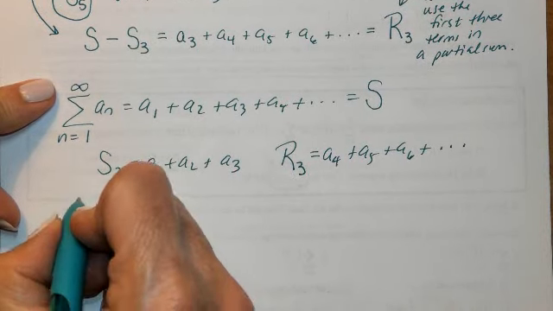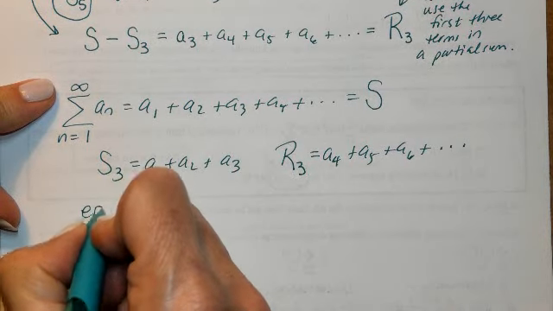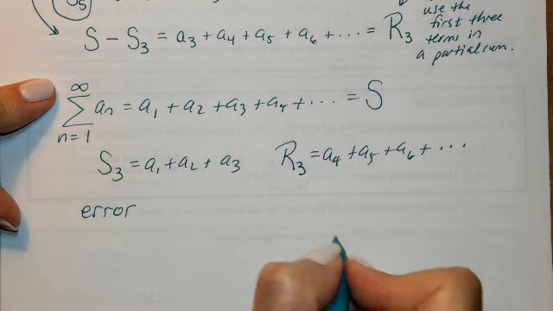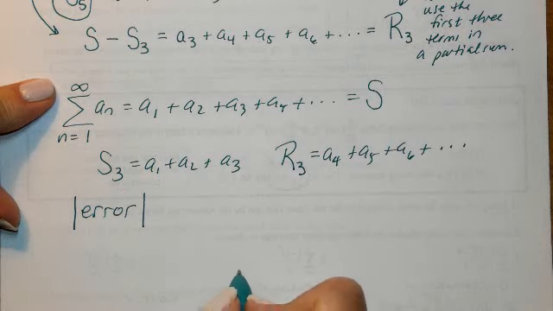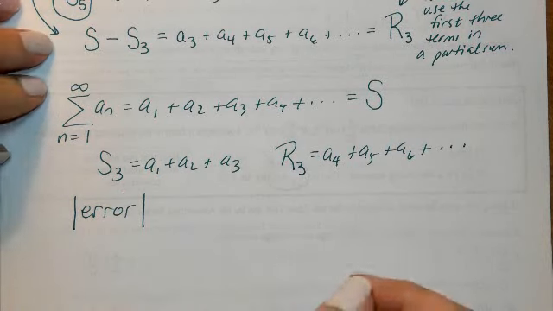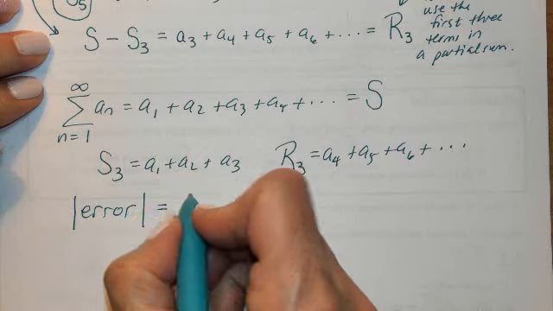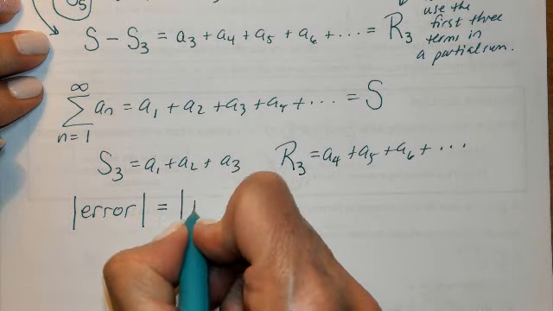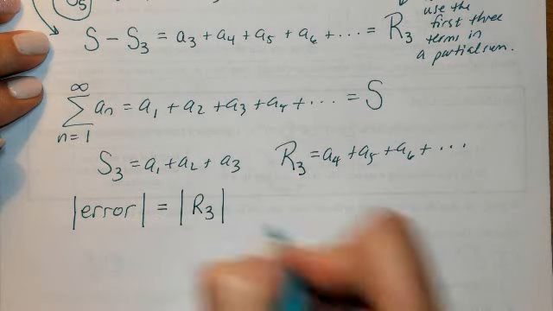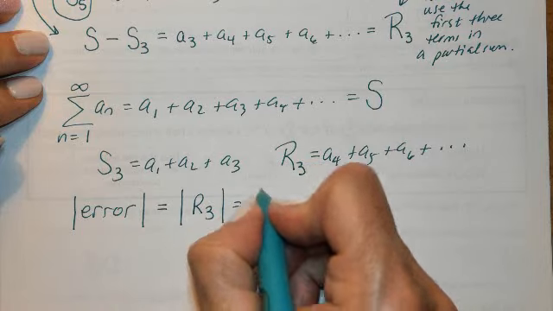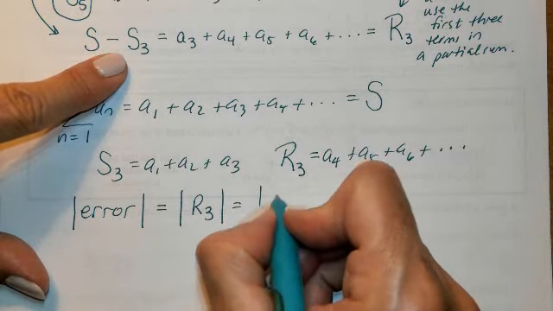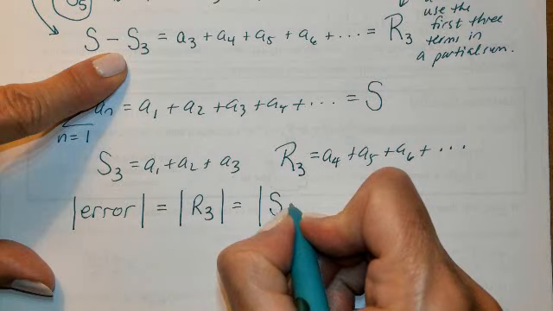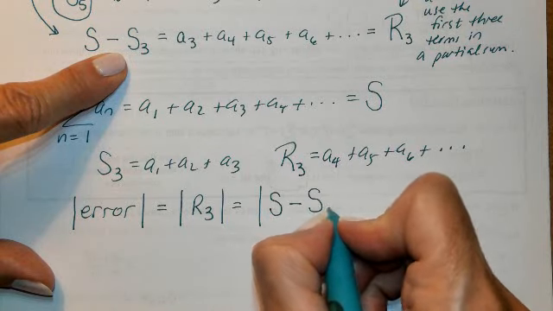Okay, another terminology here, the error. The error, actually the absolute value of the error, because we like for error to be always positive. The error is just the absolute value of the remainder, which is the absolute value of the actual sum minus your partial sum.